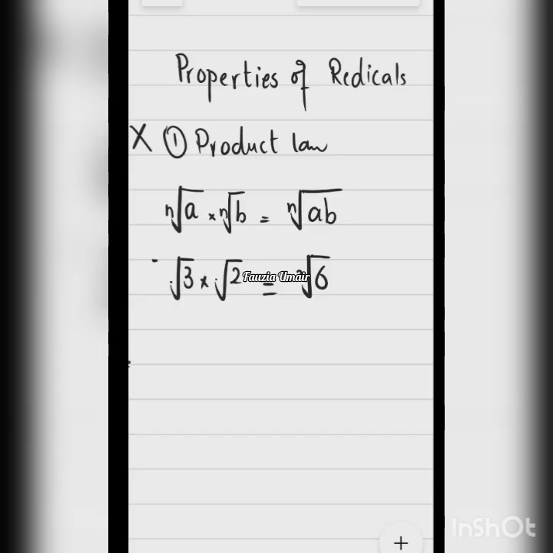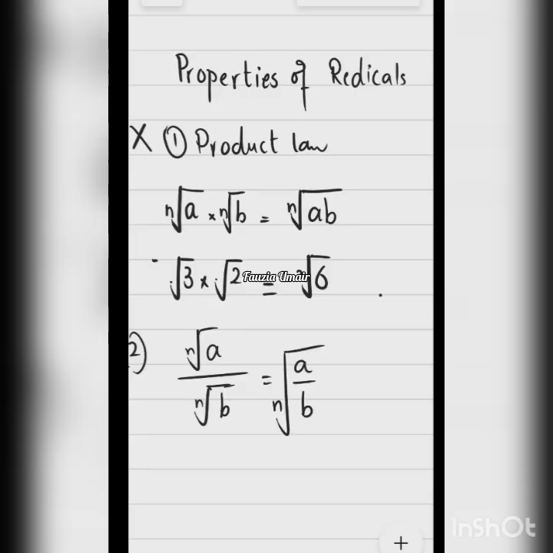All right. So the second is a similar one. If we can do this with multiplication, we can do it with division also. So if nth root of A is divided by nth root of B, n can be any number. If we are dividing them after taking the root, why not just divide the numbers and then take the root?